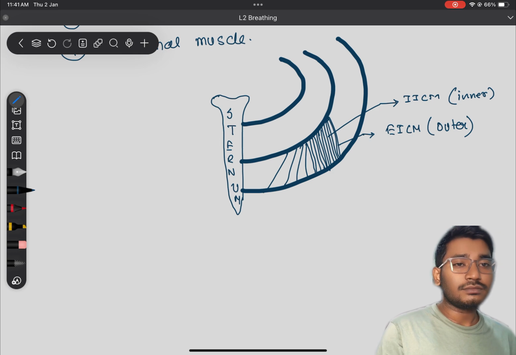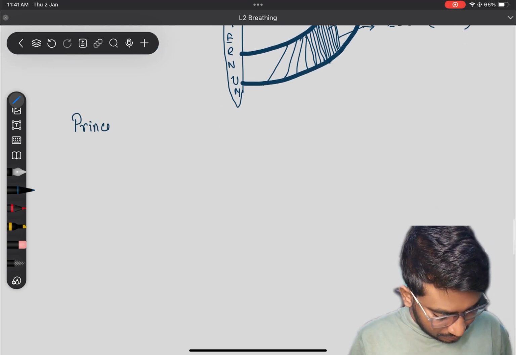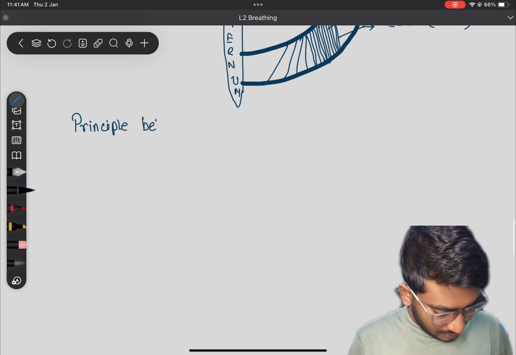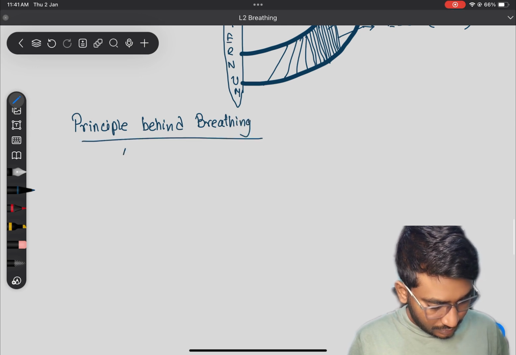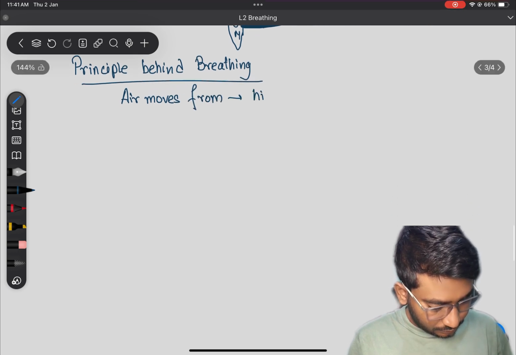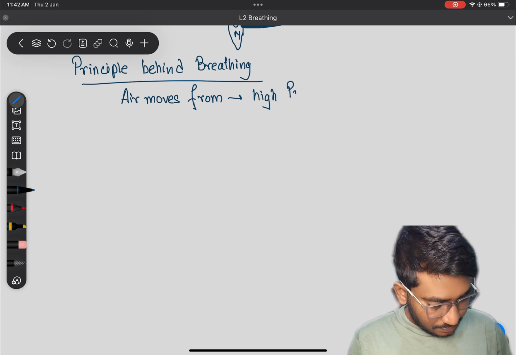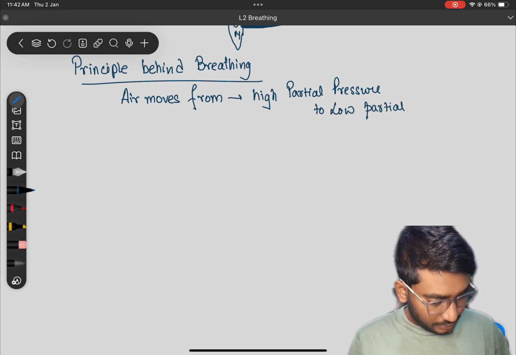Okay, now we come to the next point, the principle behind breathing. Air moves from high partial pressure to low partial pressure.